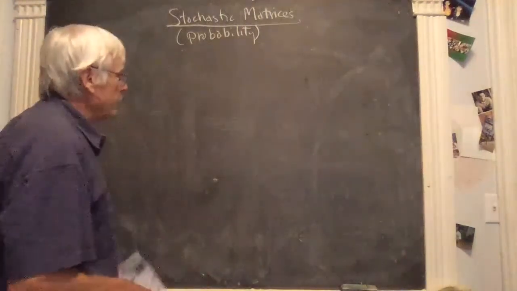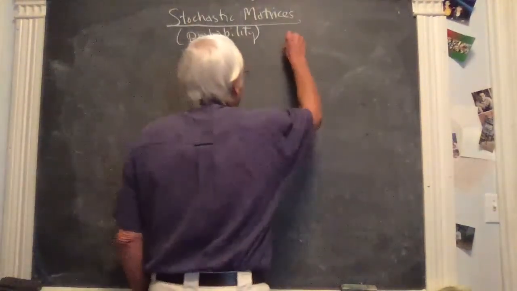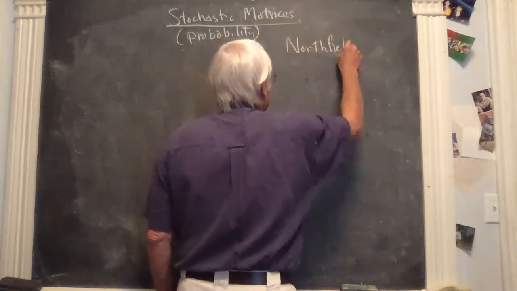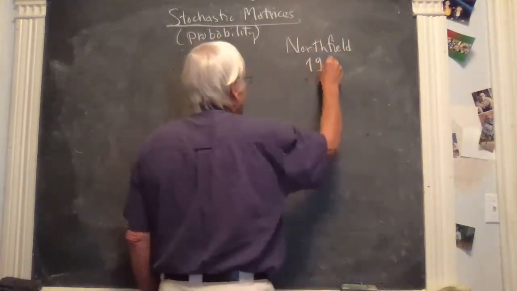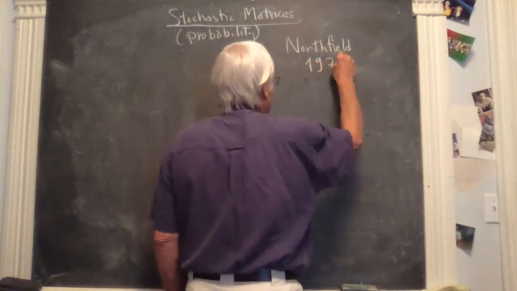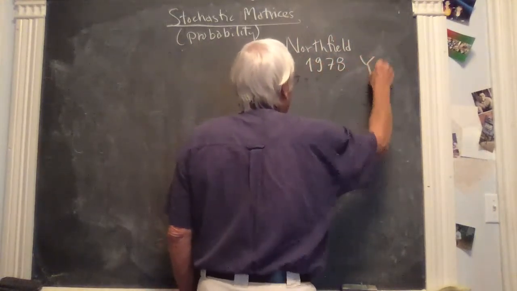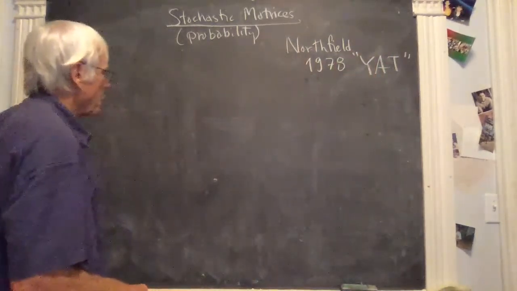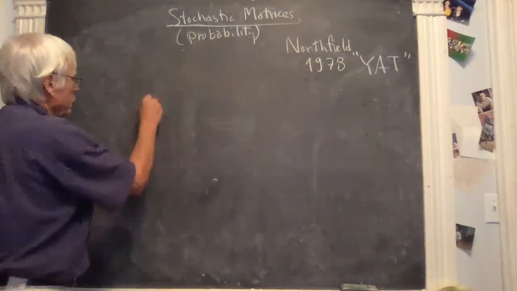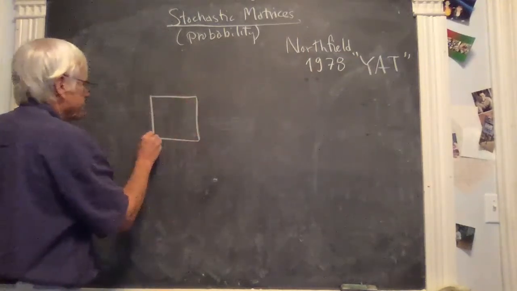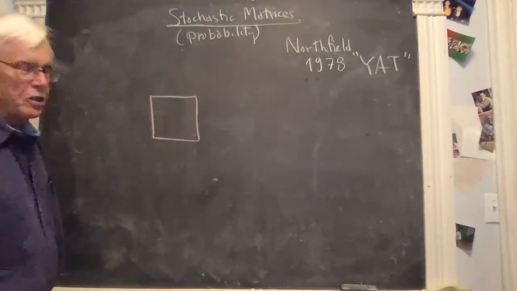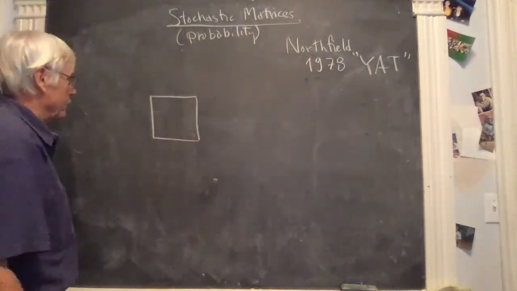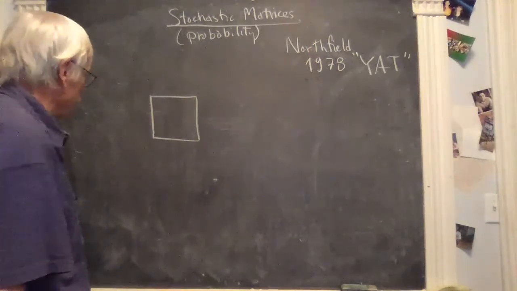So here's my example. Northfield, Minnesota, 1978 maybe. You are there. So most TV at that time didn't have cable, didn't have satellite, just used the airwaves, and so there were TV stations.